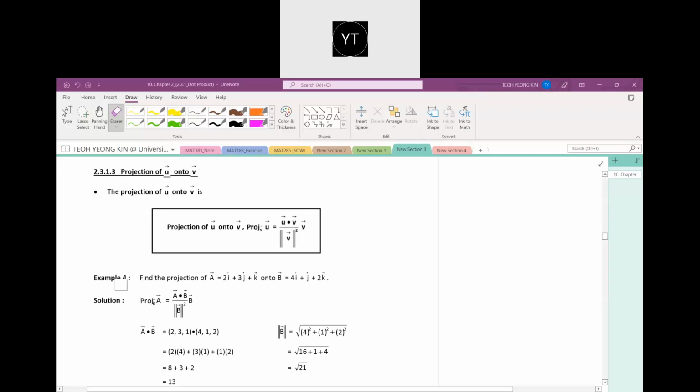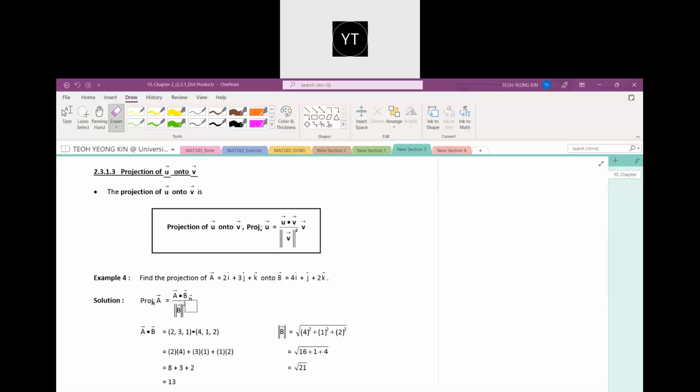So if you look at example 4, find the projection of vector A onto vector B. You can see we can write it in the form of projection of vector A onto vector B. What does the solution for this question look like?